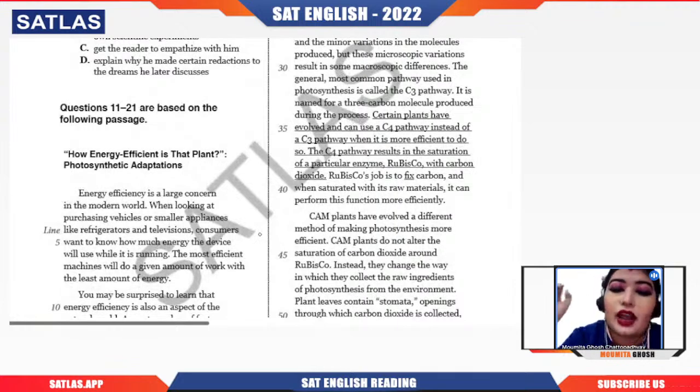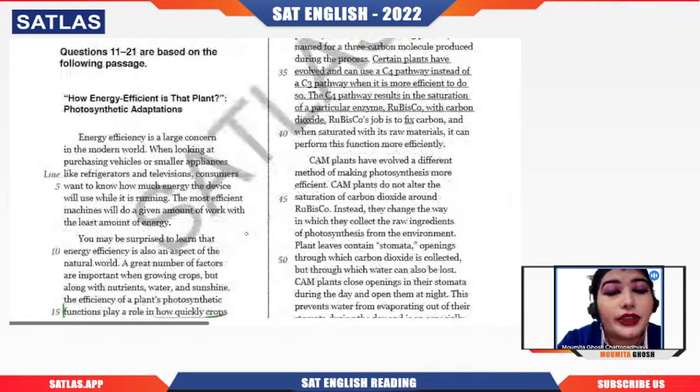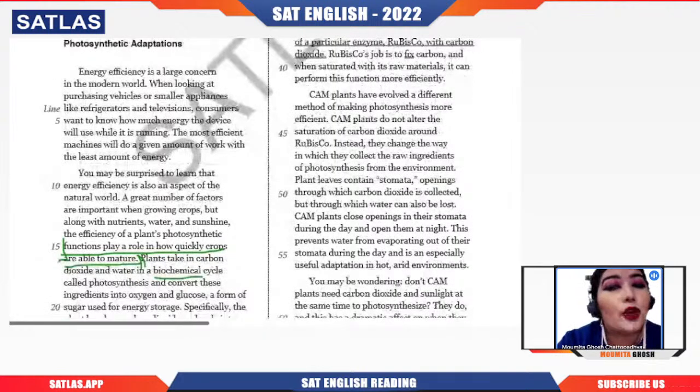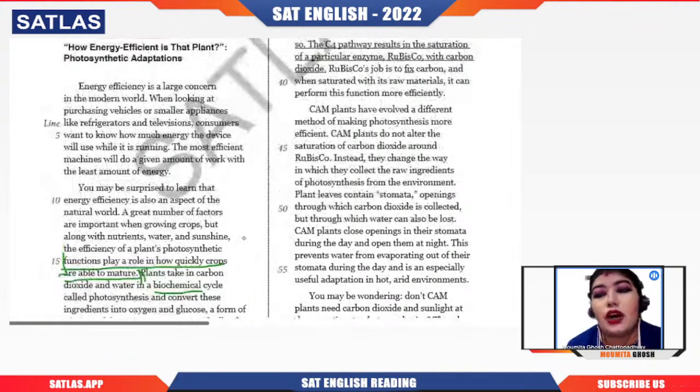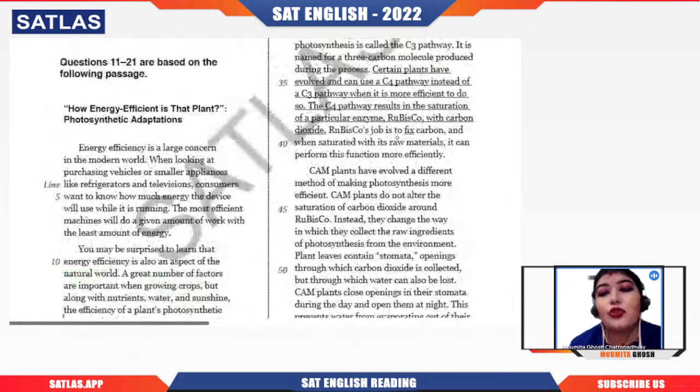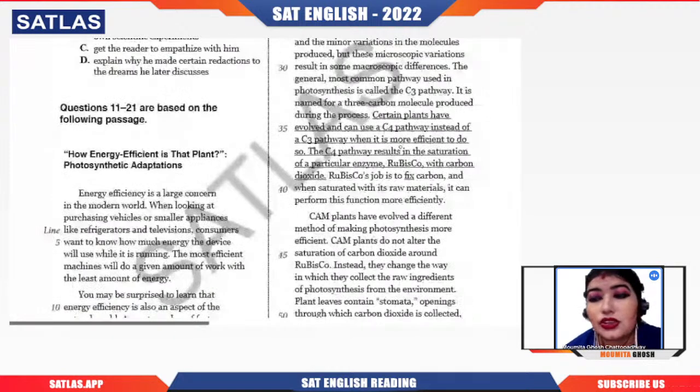As I have already discussed, a three-carbon molecule is produced during the process of photosynthesis. So there is a pathway through which photosynthesis or carbon fixation can take place. It is named for a three-carbon molecule produced during the process.